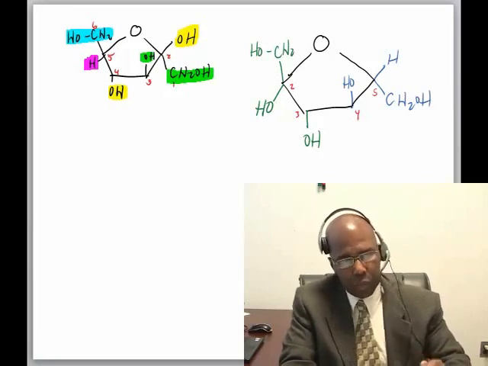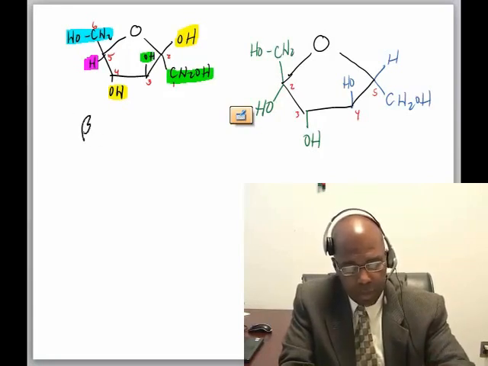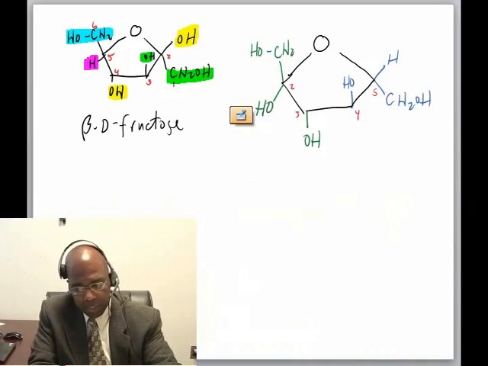incorrectly draw fructose. So let's name this. This is alpha. Nope, this is not alpha. This is beta D fructose. And this compound is beta D fructose.